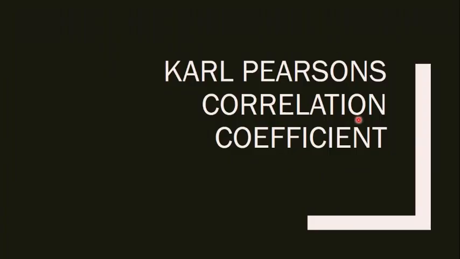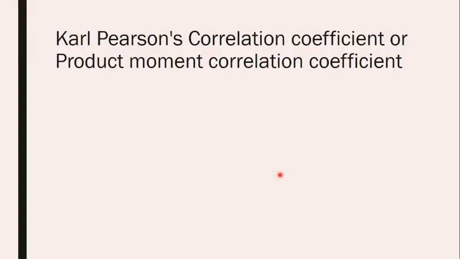Now, an important term that you have to always keep in your mind is Karl Pearson's correlation coefficient. So let's have a look at what Karl Pearson's correlation coefficient is. It is also termed the product moment correlation coefficient.